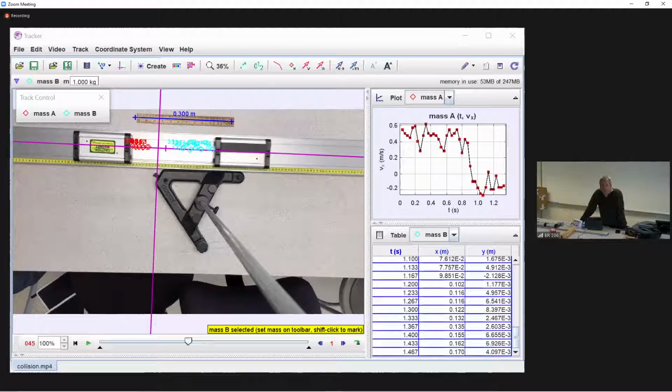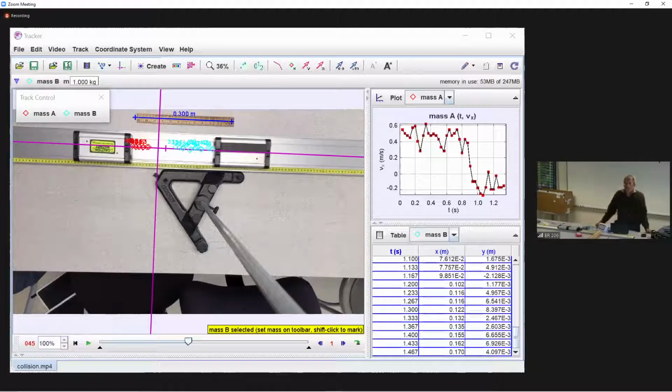So that's the plan. Also, at the end of the lab, as you read it last night, I want you to calculate the coefficient of restitution of this impact. Remember, the coefficient of restitution is a number between 0 and 1 that indicates how close this collision is to elastic.